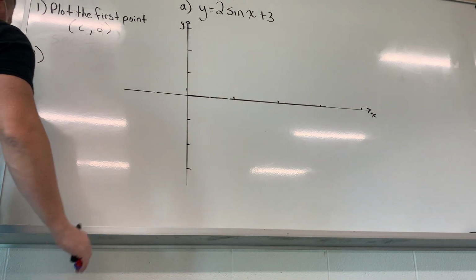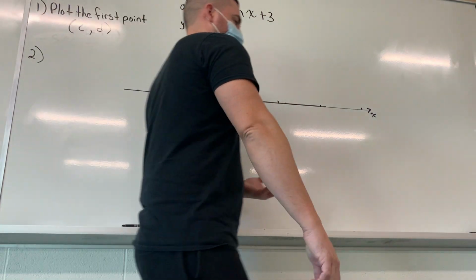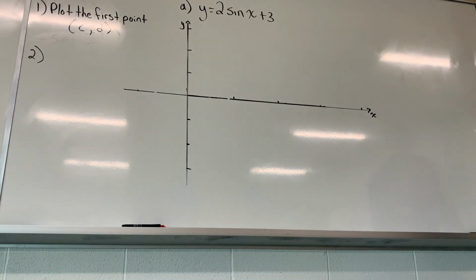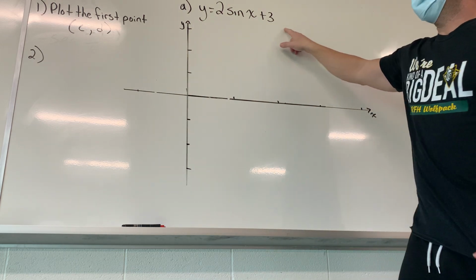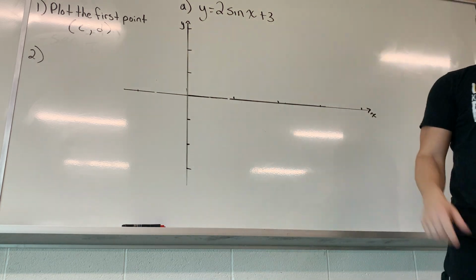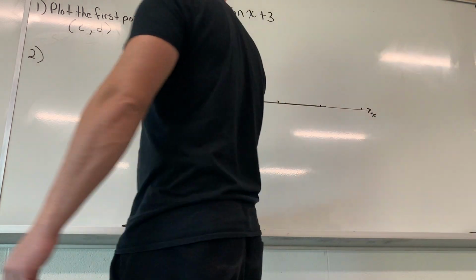Okay, so the first step, the way I like to graph, is we're gonna plot the first point. The first point is always what your C and D values are. What's my C value here in this equation? Actually, maybe we'll label this.